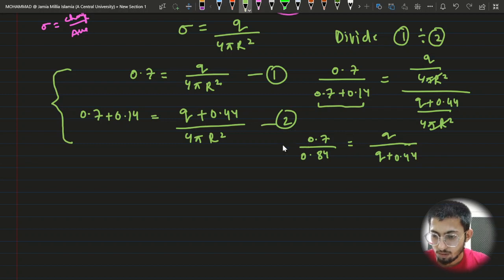Now you can see we have eliminated r by dividing the two equations, and we only have q in this equation.